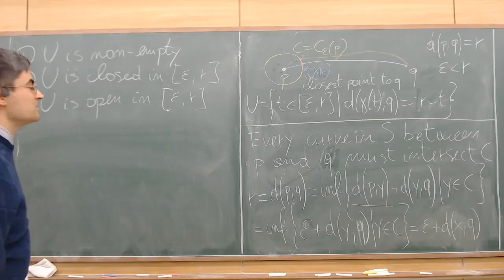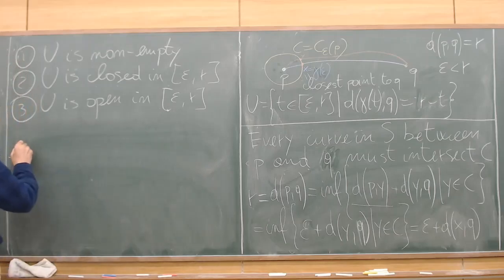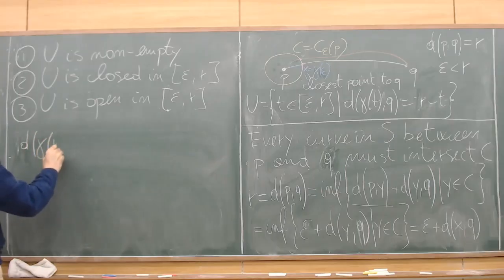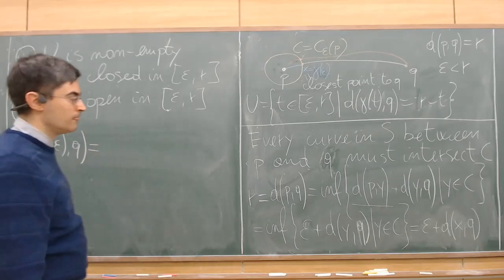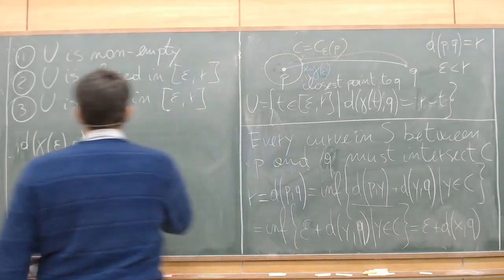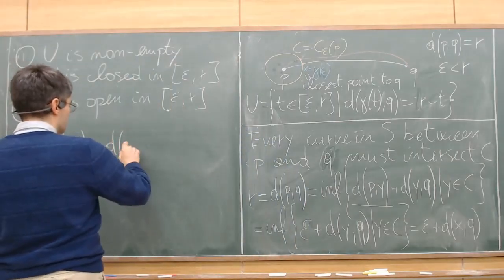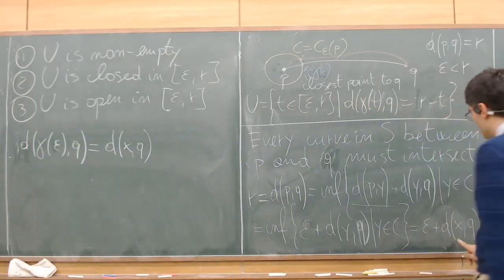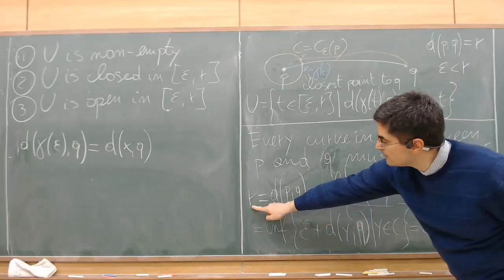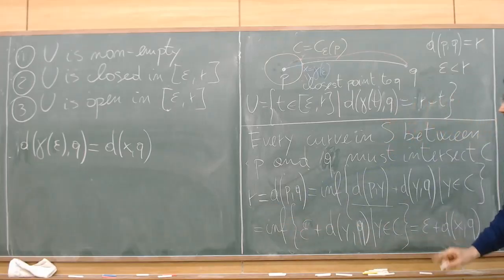We proved that the distance of gamma epsilon to Q, that is the distance of X to Q, is equal to R minus epsilon.